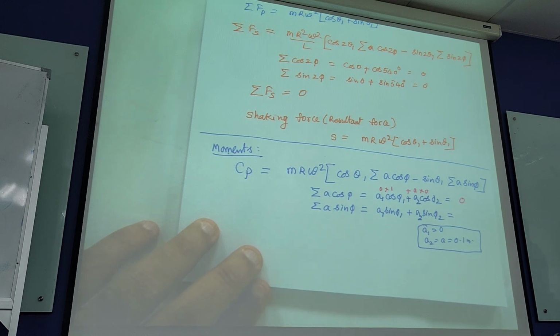Now we are dealing with only 2 cylinders. If there are 3 cylinders, then you have A1, A2, A3. If there are 4 cylinders, A1, A2, A3, A4.